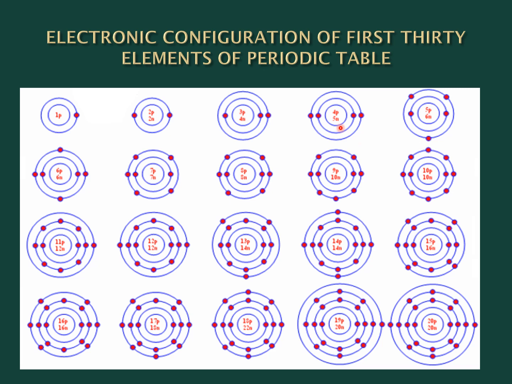Electronic configuration of the first 30 elements of the periodic table. Just take a look at the electronic configuration of the first 30 elements in the periodic table. Electronic configuration is the arrangement of electrons in the atomic structure of the elements.